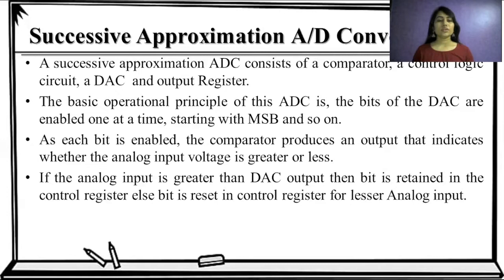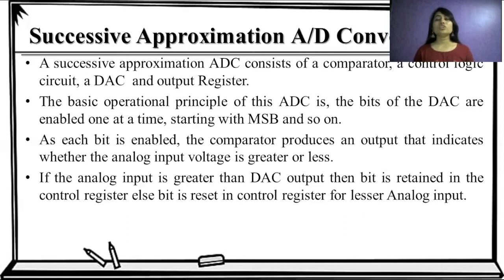So here, if the analog input is greater than the DAC output, then the bit is retained in the control register, else the bit is reset for a lesser analog input. This control register is a part of the control logic circuit.